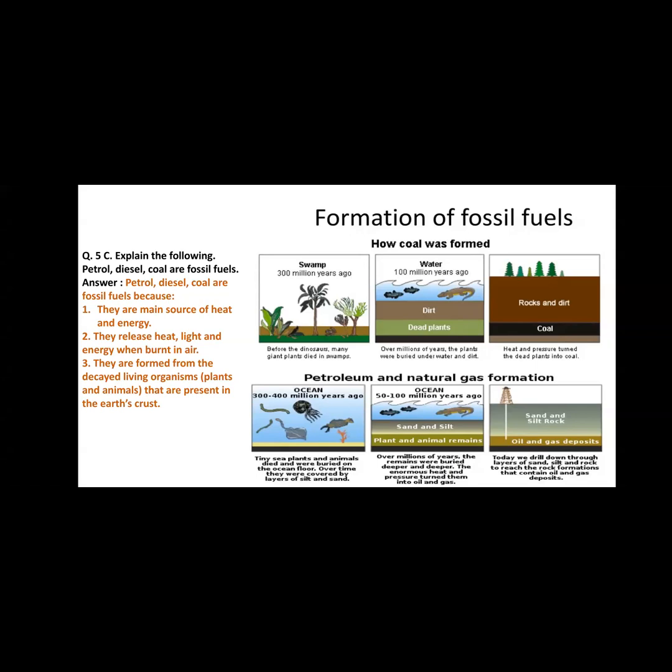Since a large variety of flora and fauna was present on the earth billions, millions of years ago, by some process of the earth's crust they got buried inside the earth, and because of the high pressure and temperature, they were converted into different forms: petrol, diesel, and coal. Now we dig inside the earth's crust, take it out and use it as fuel.